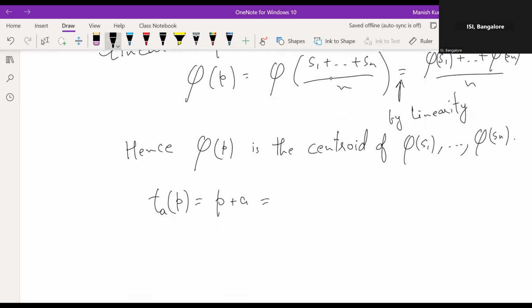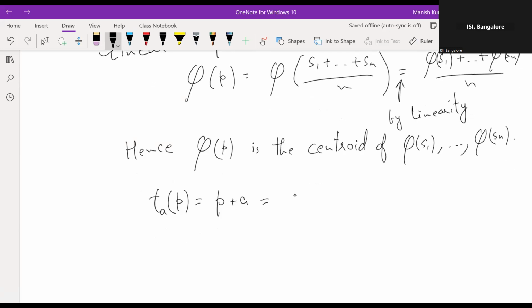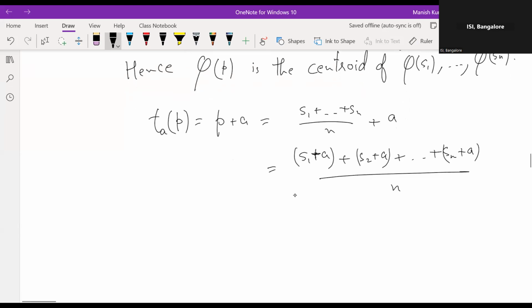But P plus A is simply (S1 plus up to Sn) over n, plus A. I can write it as (S1 plus A plus S2 plus A plus up to Sn plus A) over n, because n and n will cancel out and you'll get A. But this is precisely (TA of S1 plus up to TA of Sn) over n, because this is the translation.